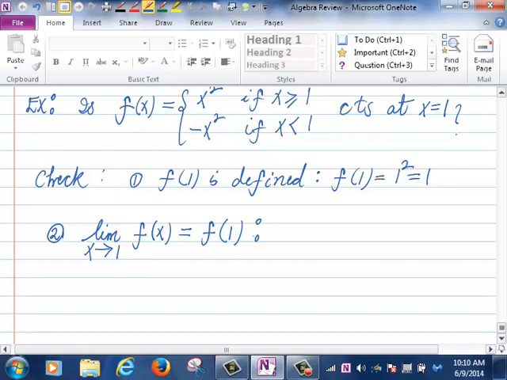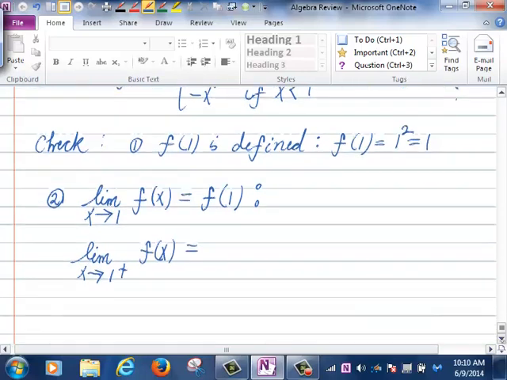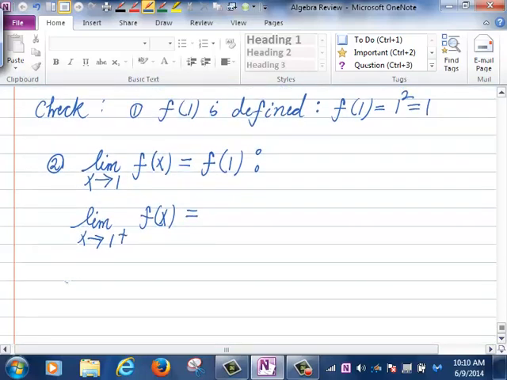Because the formula changes at 1, we have to look at the left-hand limit and the right-hand limit at 1. So what is the limit as x goes to 1 from the right of f of x? And what's the limit when x goes to 1 from the left of f of x? Now, can you tell me the first one?